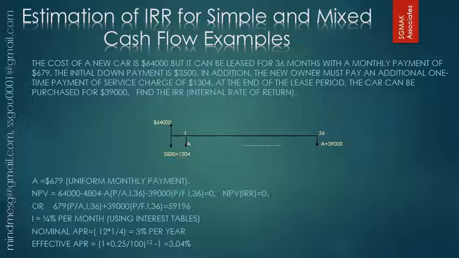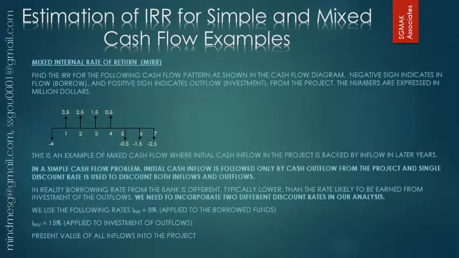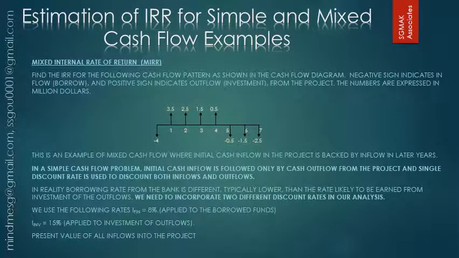Okay, so that's for a simple cash flow. Now let's look at a mixed cash flow problem where, typically, you first have an inflow, that means money into the project, and then you have outflow, benefits from the project.